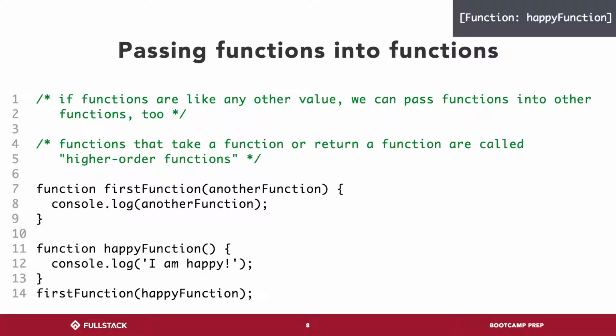The reason this is happening is because first function console logs whatever we give it. And what we're giving it is a function. Right? First function isn't logging I am happy because we're not giving it I am happy. We're giving it a function that, when invoked, prints out I am happy.